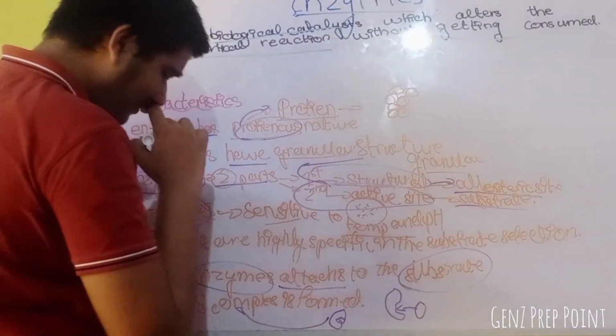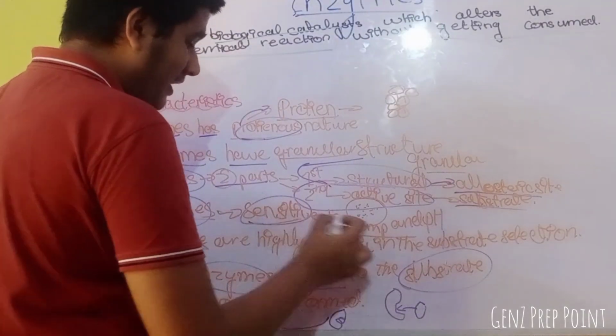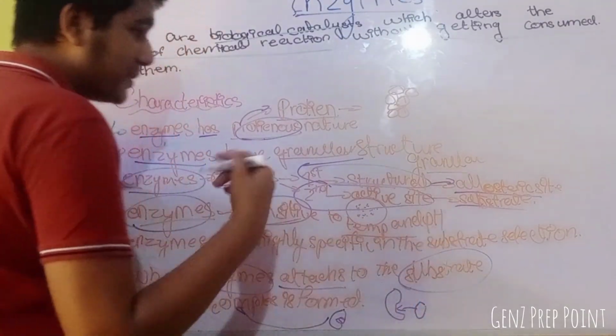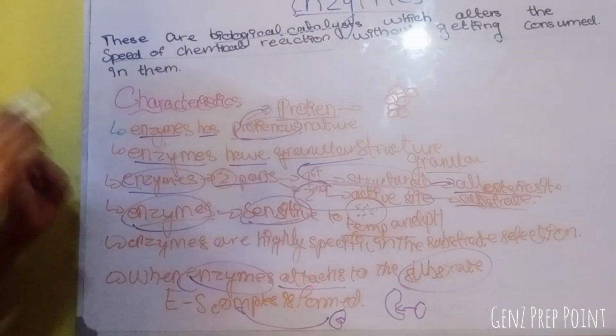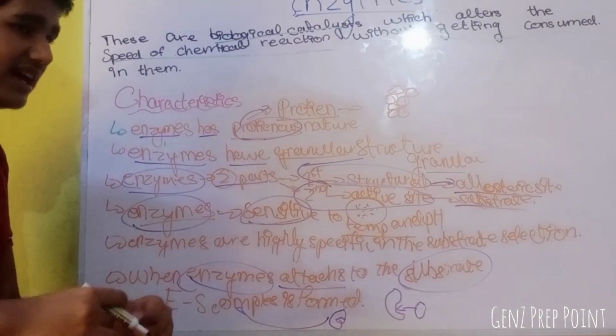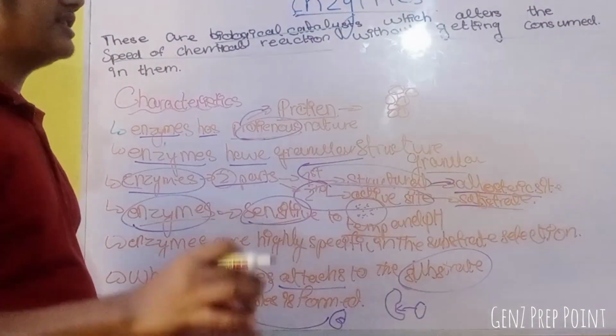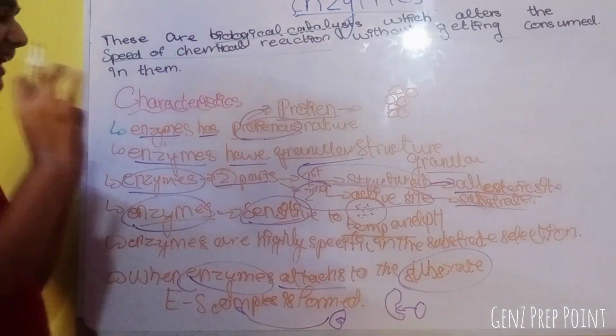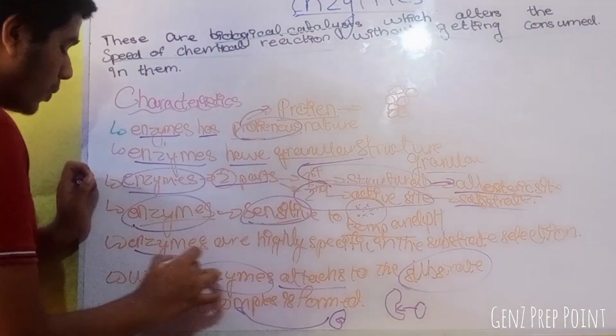Enzymes are highly sensitive to temperature and pH because they have hydrogen bonds. If the temperature is high, or the pH is high, these hydrogen bonds break.